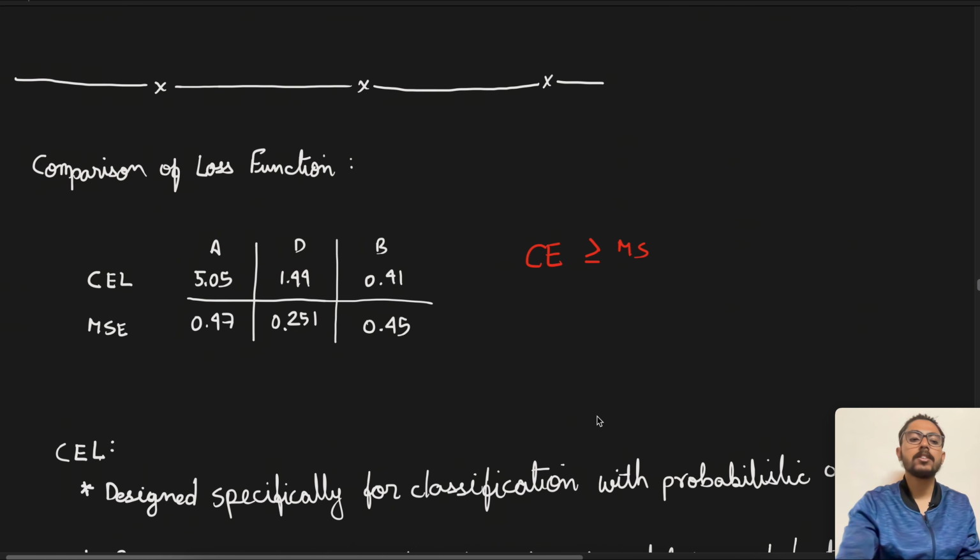Cross entropy loss is primarily designed for classification problems that have probabilistic outputs, right? Not those which have discrete outputs or split decision problems, but very probabilistic classes, like if not one, then the other with probability 1 minus p.